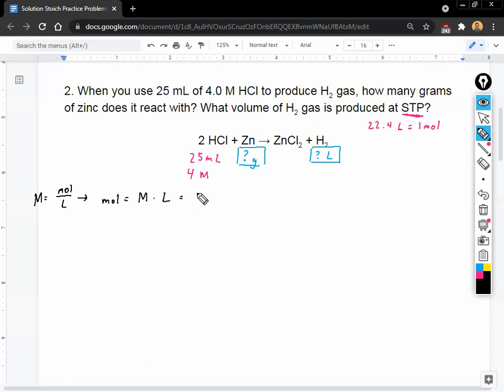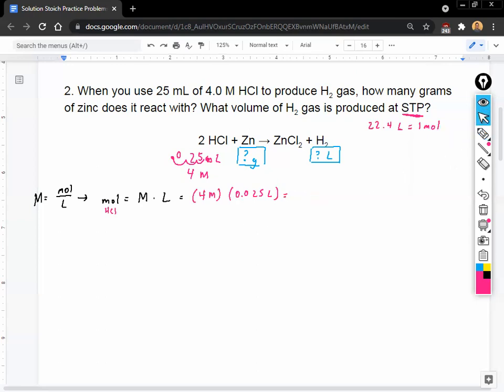But we're going to plug in molarity, which is 4 molarity. We're talking about HCl here. And then we're going to plug in 0.025 liters because it's 25 milliliters. So we just move the decimal 3 times to the left. That gives us 0.025 liters.